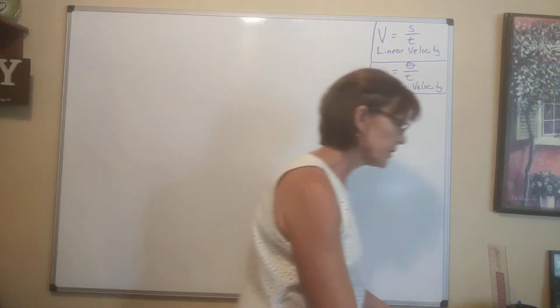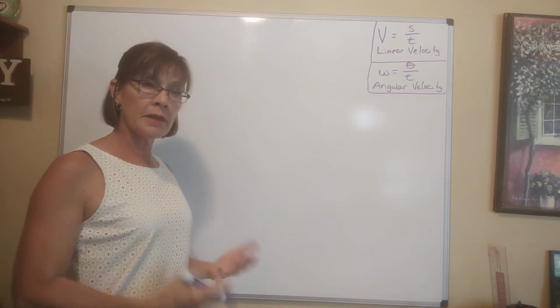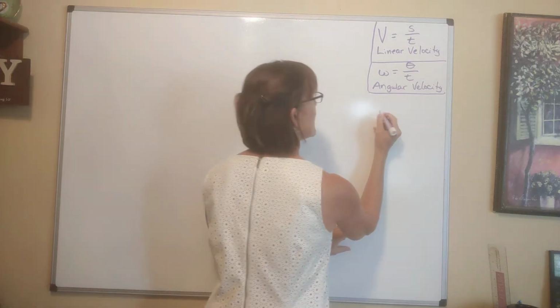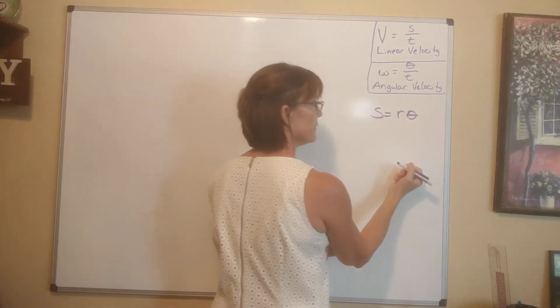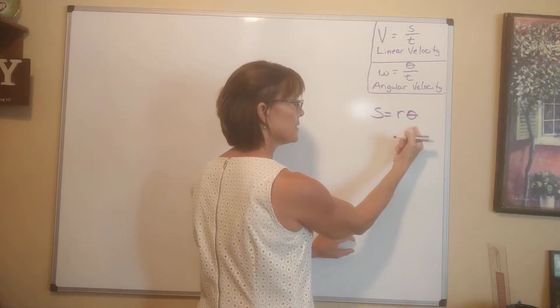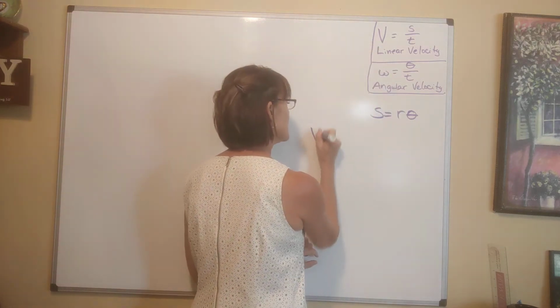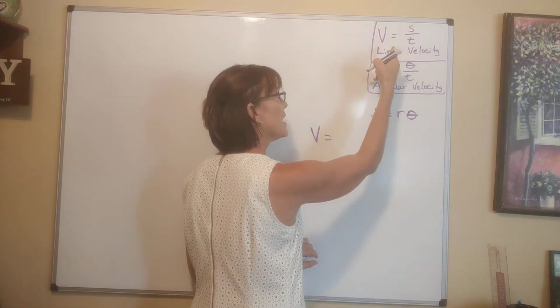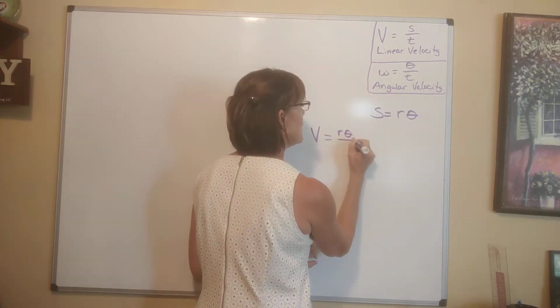Arc length has been defined earlier in the course as s equals r theta, radius times the angle. So if we look at linear velocity, instead of writing s over t, we write it as r theta over t.